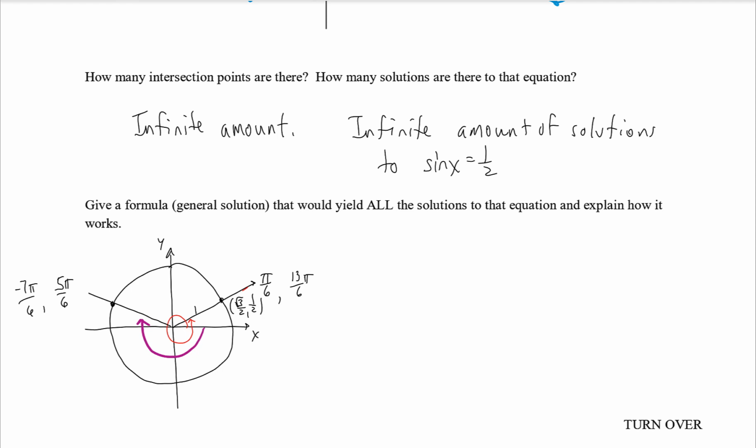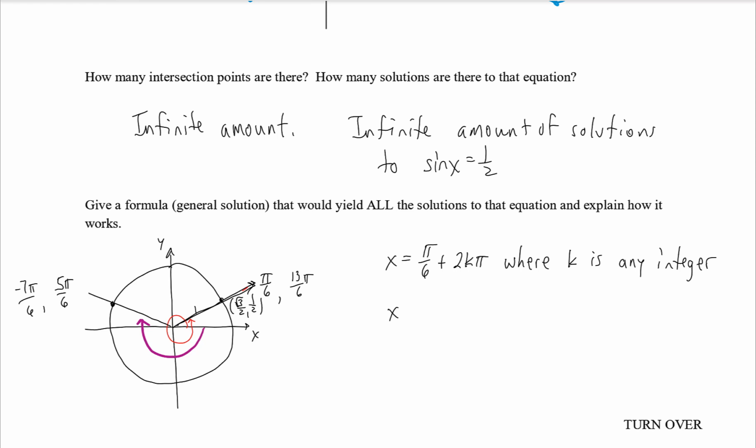So every single answer I get is going to come from those two terminal sides. So one way I could write my answer is I could say, all right, x could be pi over 6. That's one of my answers. But I could add 2 pi to that and get right back to that terminal side. Or I could subtract 2 pi from that. So essentially, I could add 2k pi, where k is any integer.